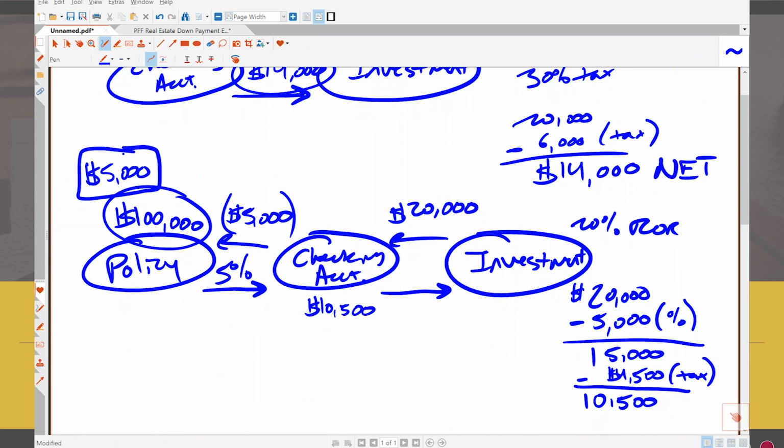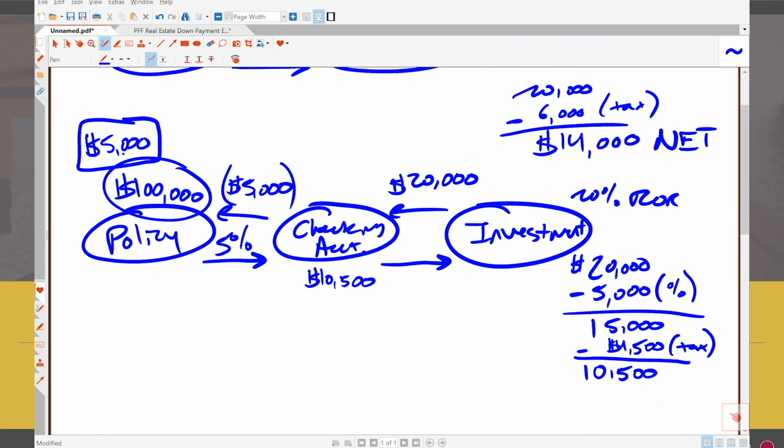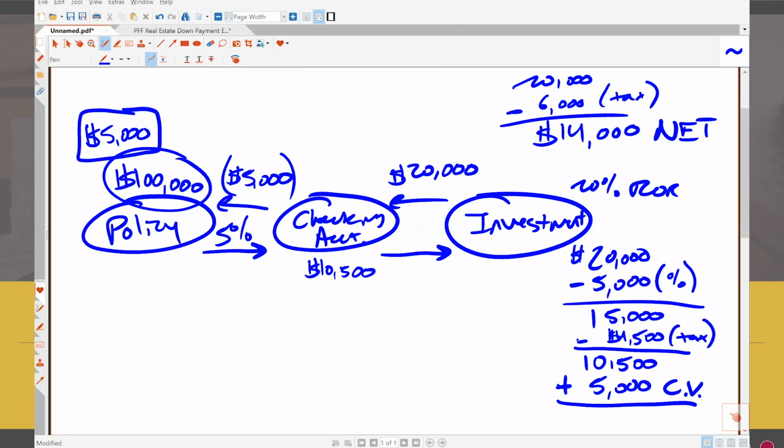You now don't have just $10,500 in your checking account as the only money that's available to you. You also have $5,000 inside the policy cash value from the growth of the policy. So now you're actually sitting between the money that's available in your checking account, $10,500, and the interest and dividends that grew in your policy cash value, which increased from $100,000 to $105,000.